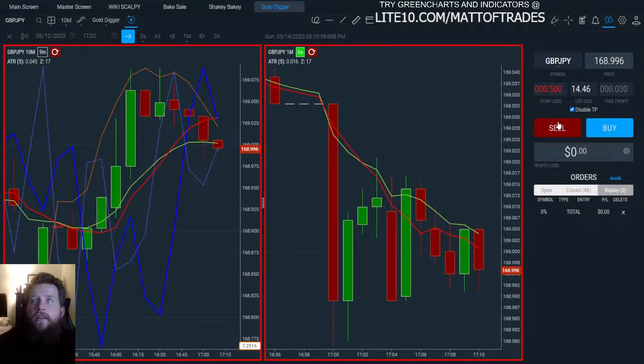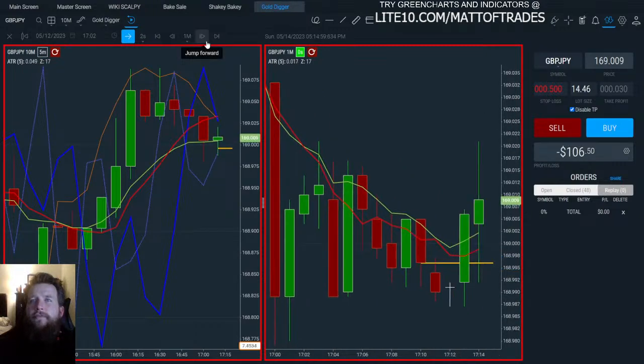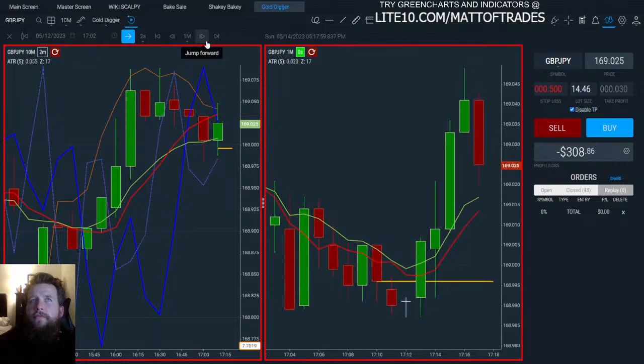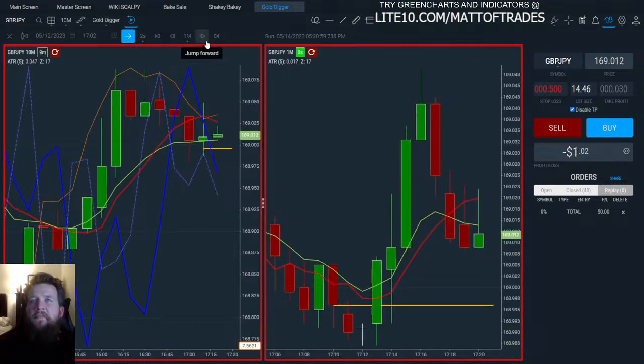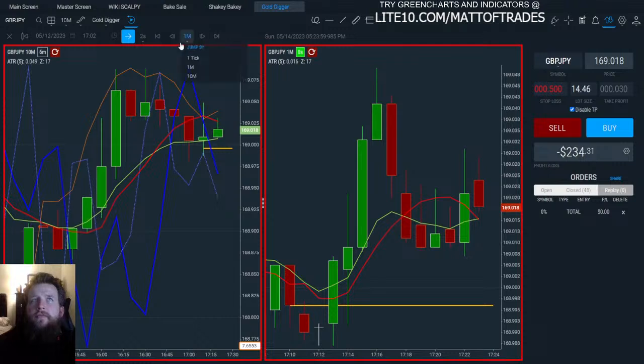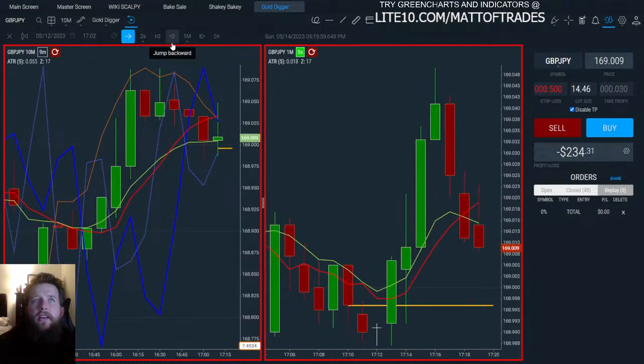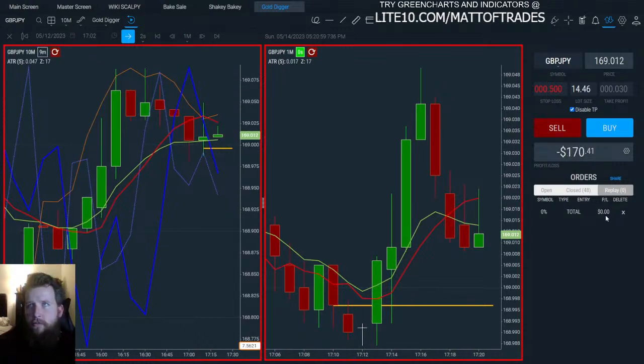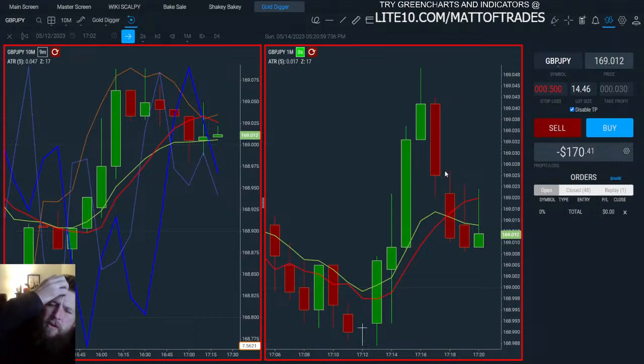Okay, so right here is our sell entry. Okay, actually I'm going to get stopped out right there. Oh, I remember why I wasn't doing this. Because there's just not a lot of movement.